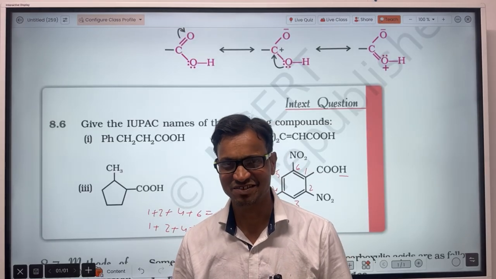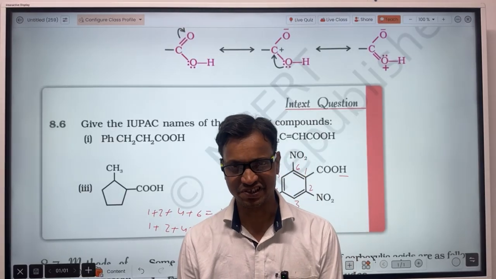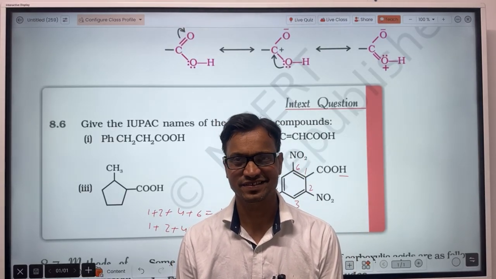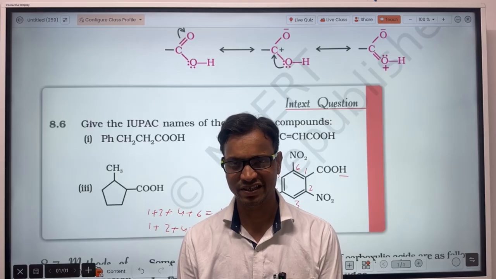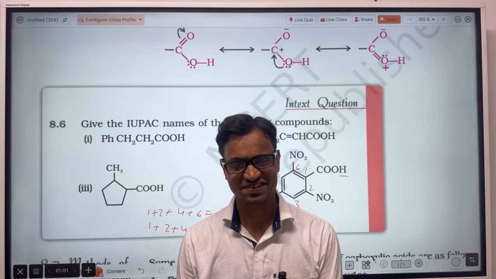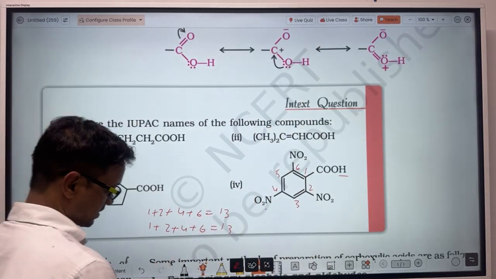That means all of them have the same seniority, so either way the IUPAC name will be the same.